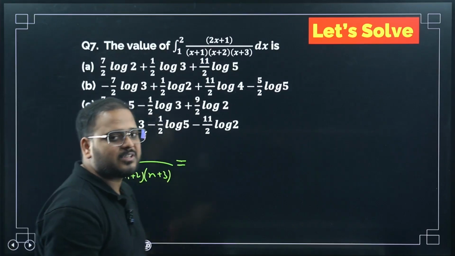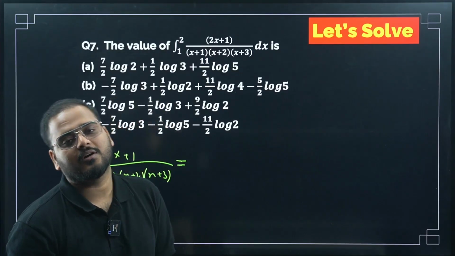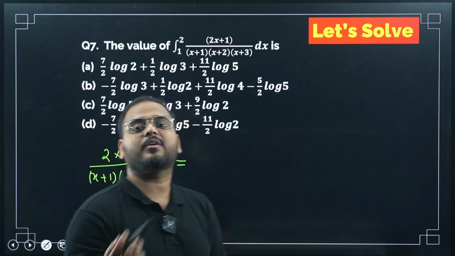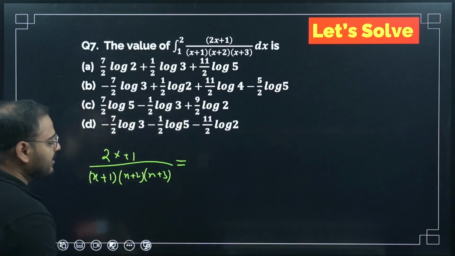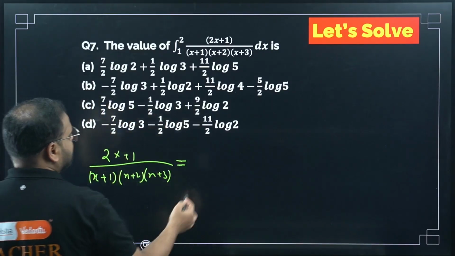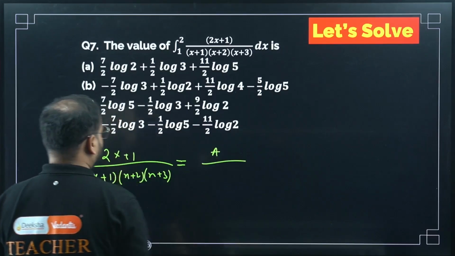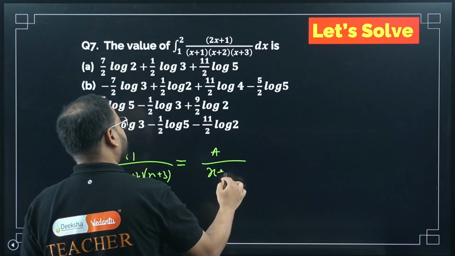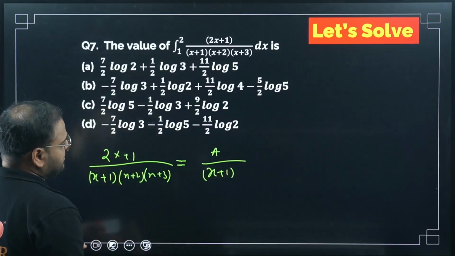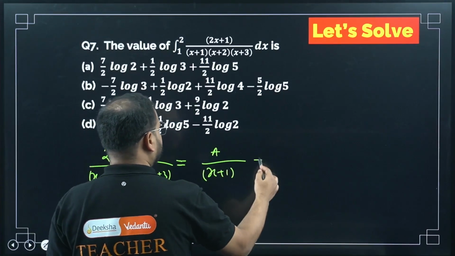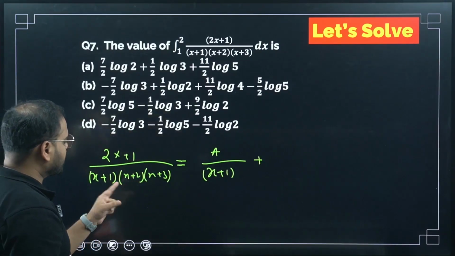We just make use of this to reduce the integration into a simpler form so that the integration becomes very simple and easier to perform. So if I do it like this, A upon x plus 1 is there. There are different forms of partial fractions. One of them is this, where we have 3 different functions as a product, the factors.